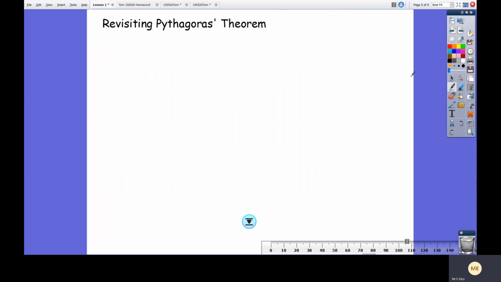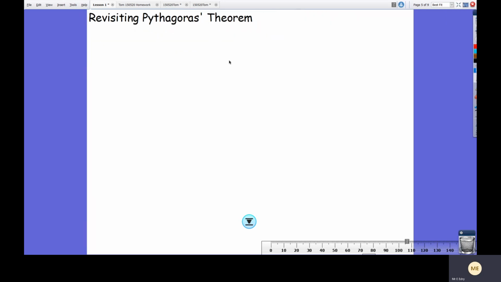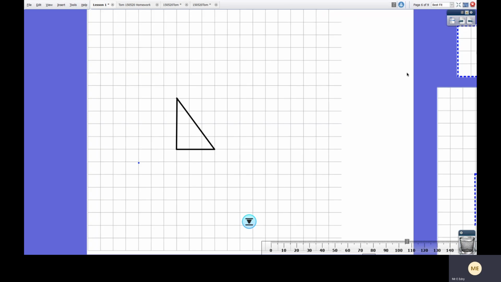We can move on. So what I want to do here is just briefly revisit Pythagoras' theorem, just because that will help us make this trigonometry a little bit more concrete. So what I've got on here is some centimeter squared paper.